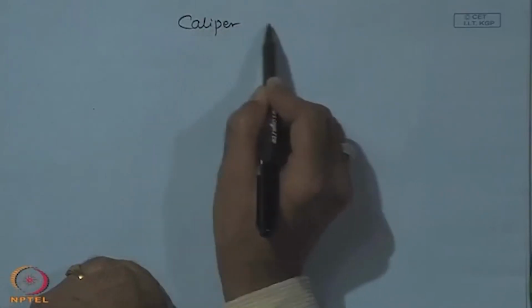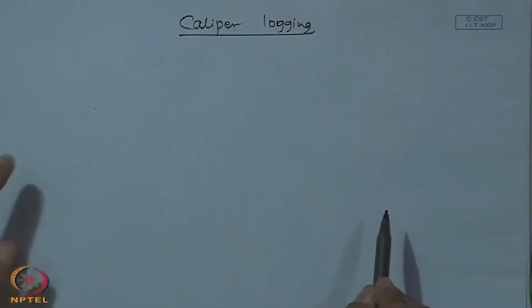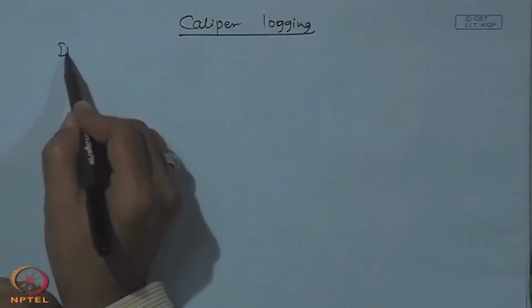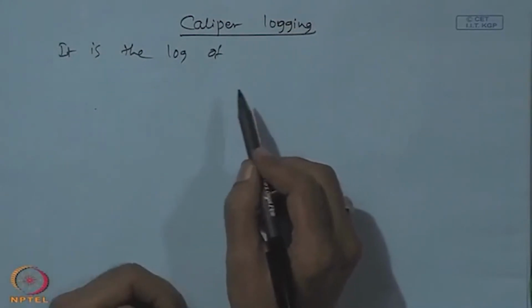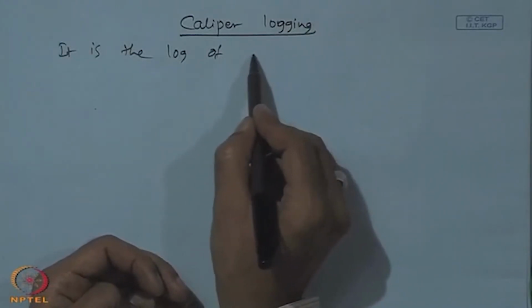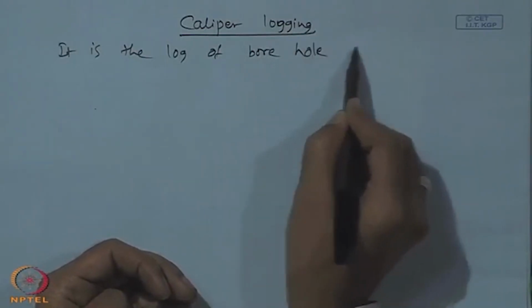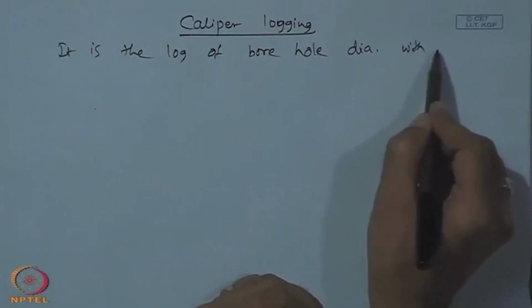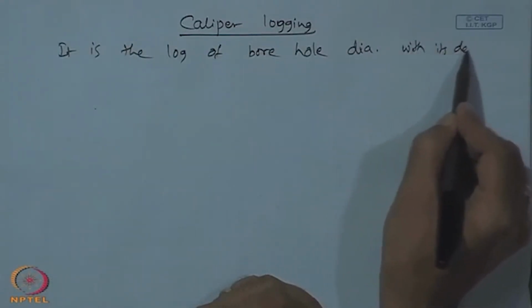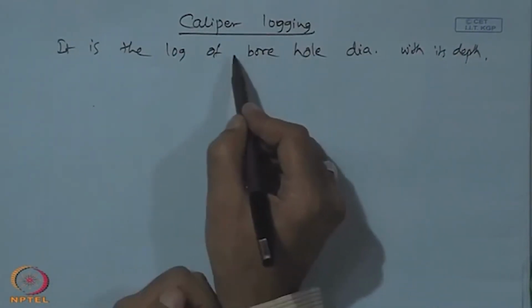Next, we will go to caliper logging. In this caliper logging, it is the log of the borehole diameter with its depth.